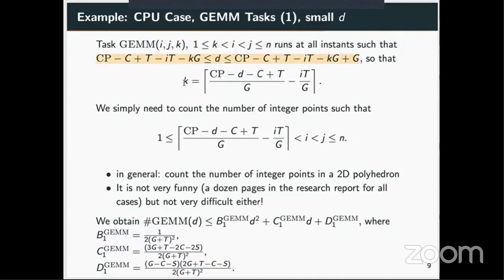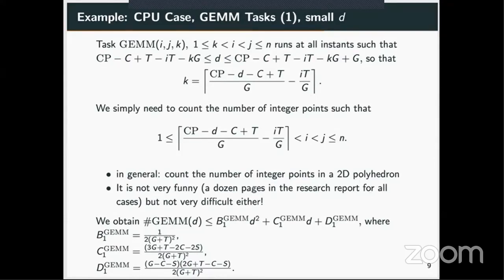So from this, we can find a unique value of k depending on d and i, and then we need to simply count the number of integer points that satisfy this set of equations. And so, in fact, it corresponds to counting the number of integer points in a 2D polynomial.